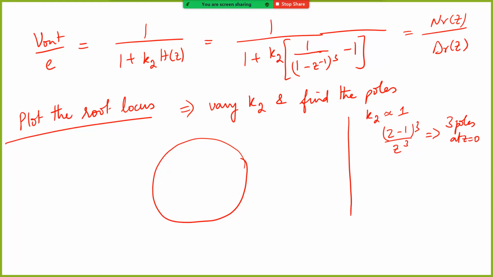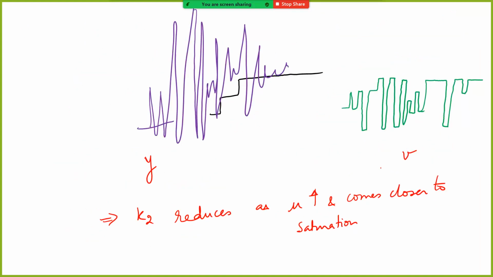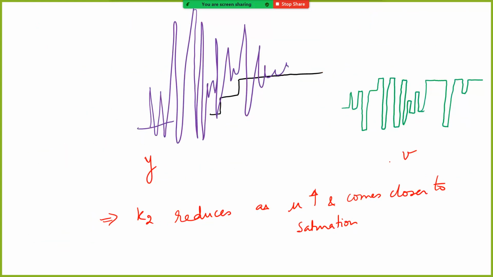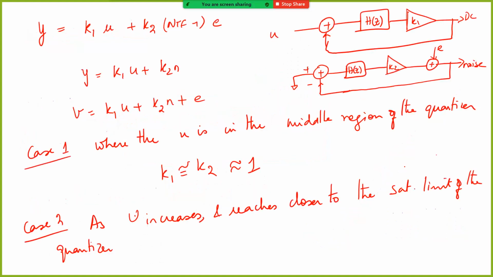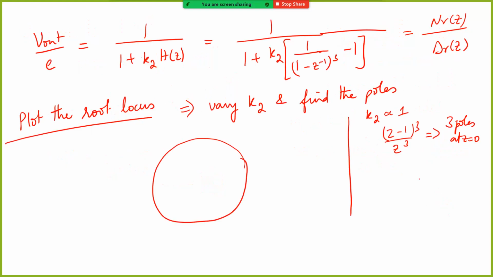That is, when K2 is equal to 1. Here I said K1 equal to K2 is almost equal to unity. So when your signal is in the middle of the quantizer's range, and when your noise is not too high, you have the 3 poles sitting here.